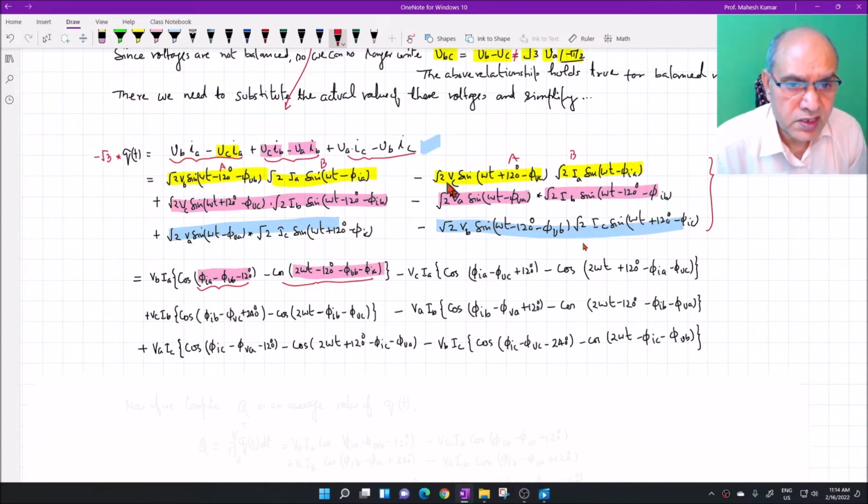The minus is common because of this. So this becomes minus BCIA cos(A minus B) and minus cos(A plus B), by adding these A and B.